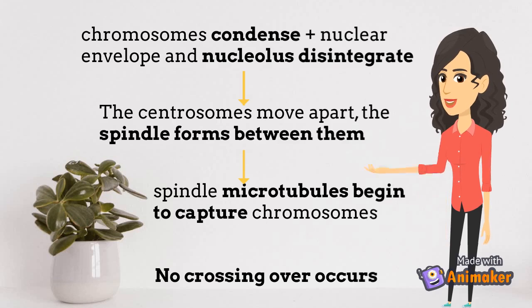After that, the centrosomes will move apart and the spindle fibers start to form between the chromosomes. The spindle microtubules begin to capture chromosomes, and no crossing over occurs, which means there is no exchange of information in this phase.